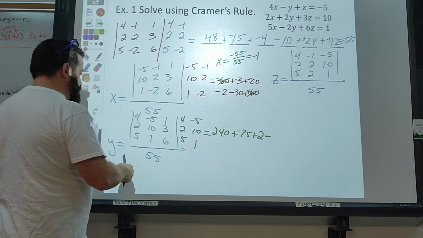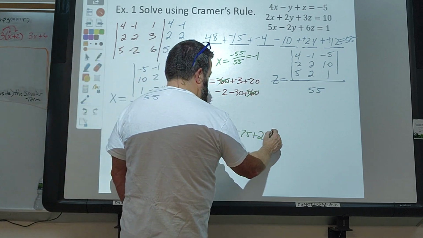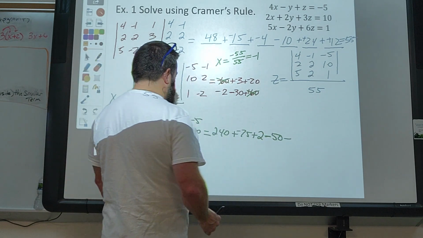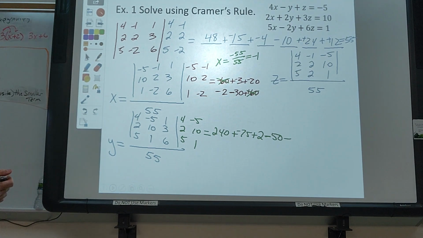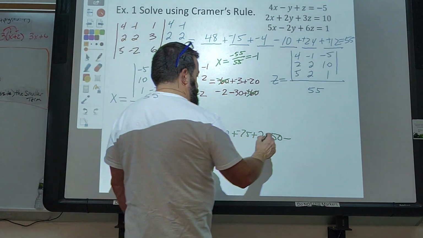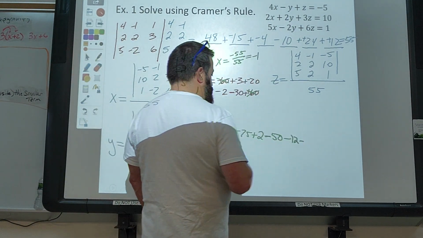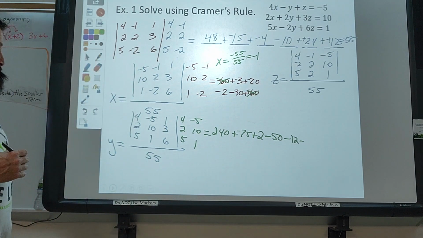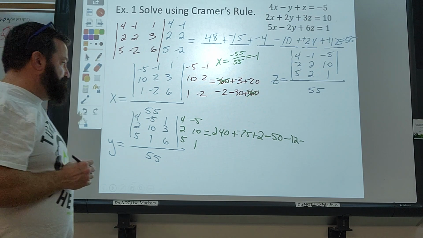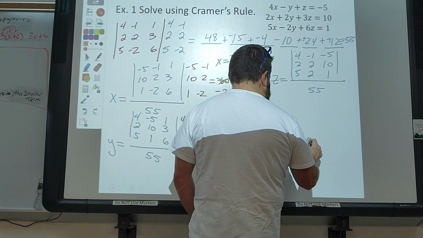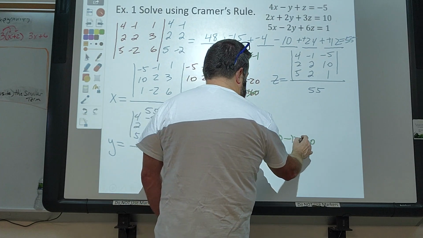Then I start doing my minus. 5 times 10 times 1 is 50. 1 times 3 times 4 is 12. And then minus 6 times 2 times negative 5, so that's a negative 60. So that's going to be plus.